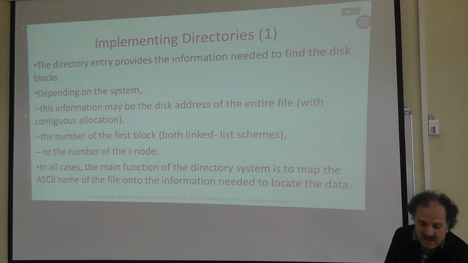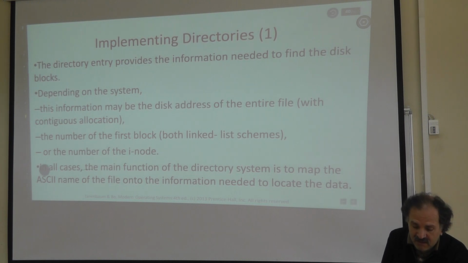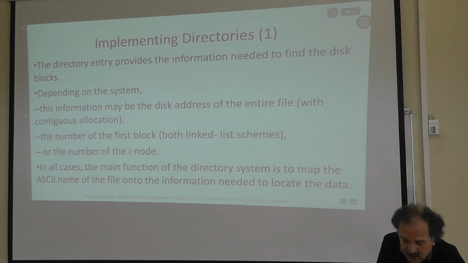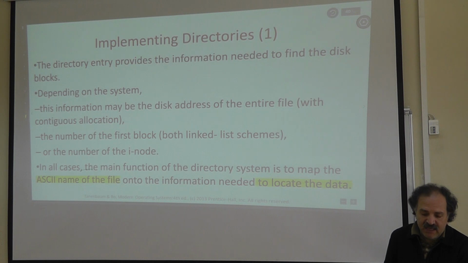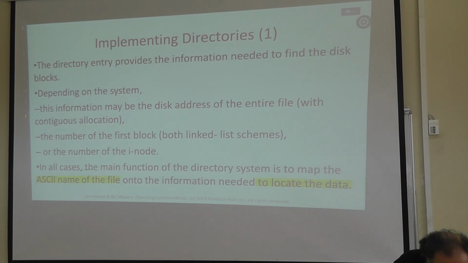But the thing is that in all cases, the main function of the directories is to map the ASCII name of the file onto the information needed to locate the data. Okay, what is the ASCII name of the file? My ASCII name of the file is under the root, there is user, there is ABC, there is test.